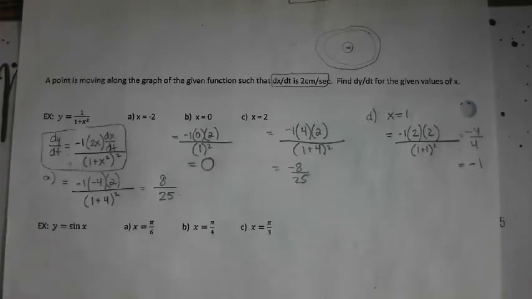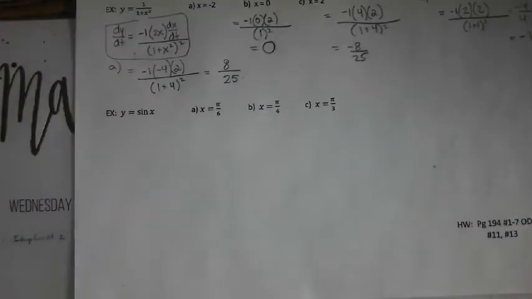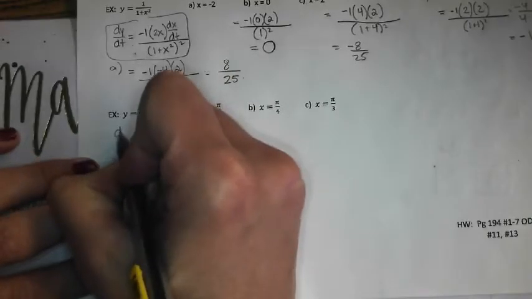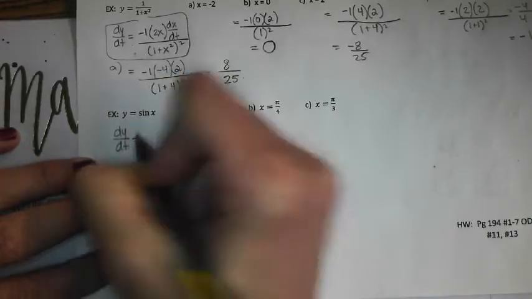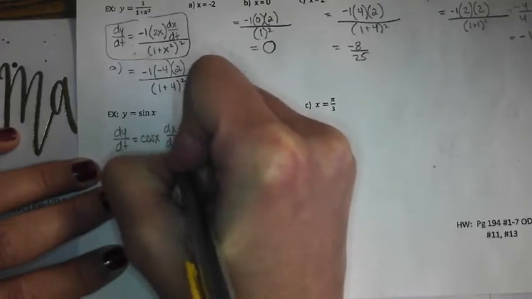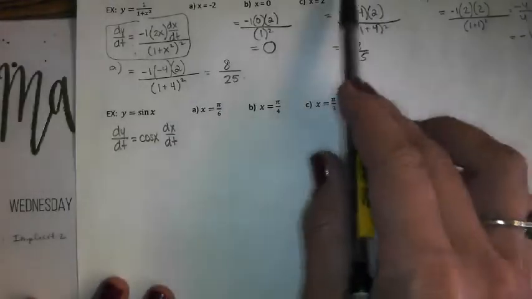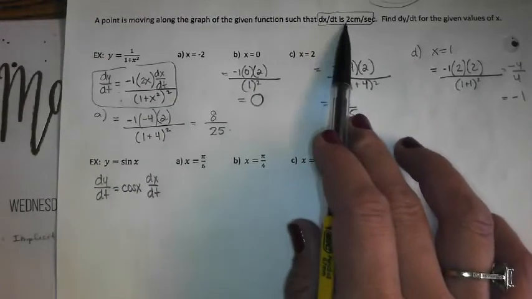Okay. So if we look at the graph of sine of x, we're going to again derive dy dt. Derivative of sine is cosine x dx dt. And we're using that same preliminary information up here.